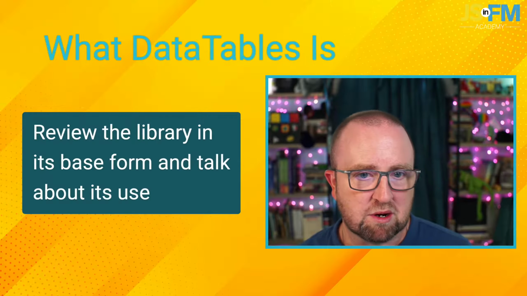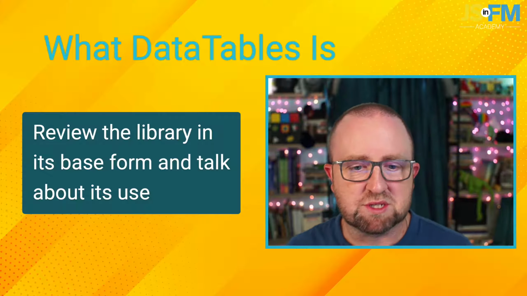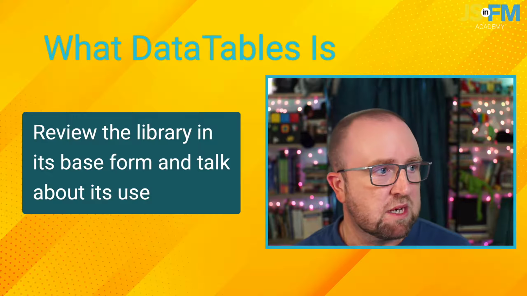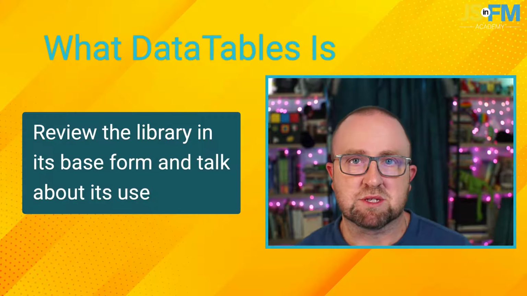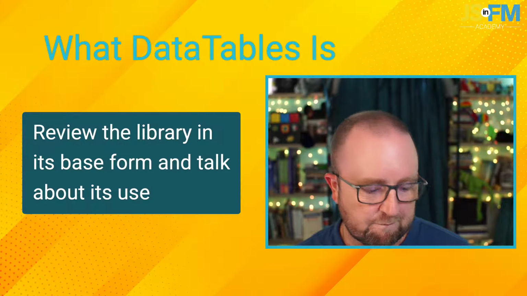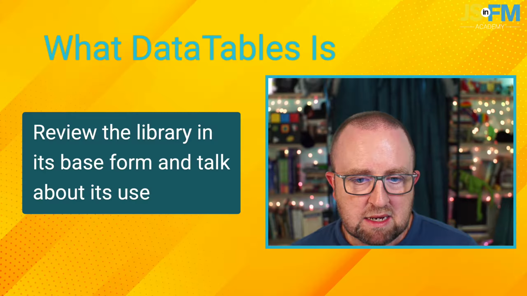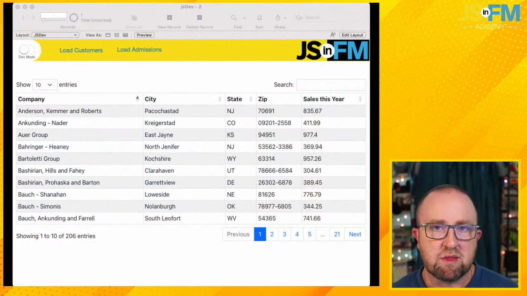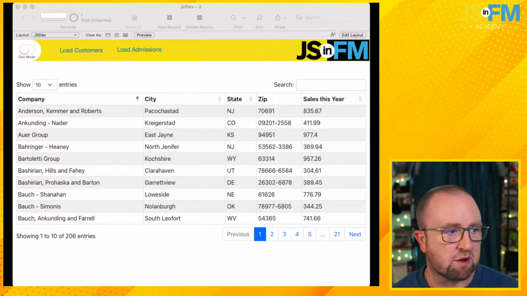Let's get started here. I want to start by taking a look at just what DataTables is, what the library is, where it is, and just talk about its general uses. DataTables is a library that produces list views in FileMaker.